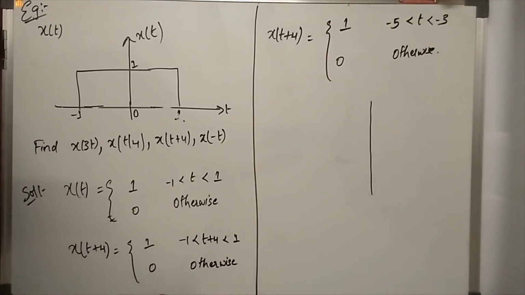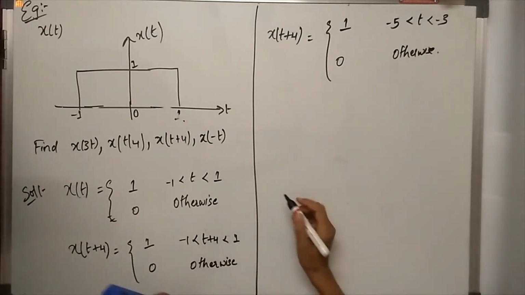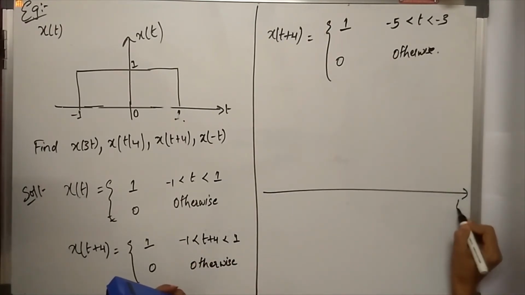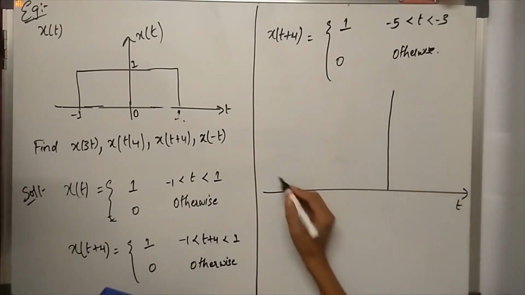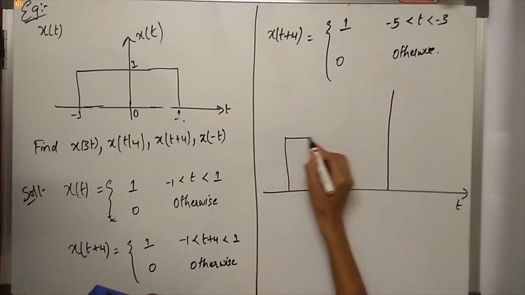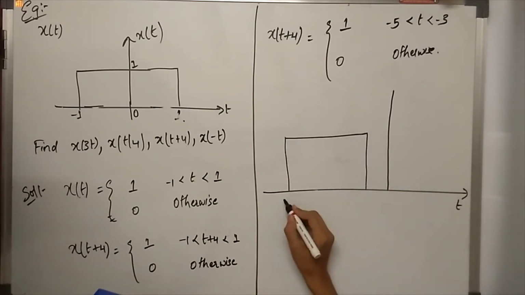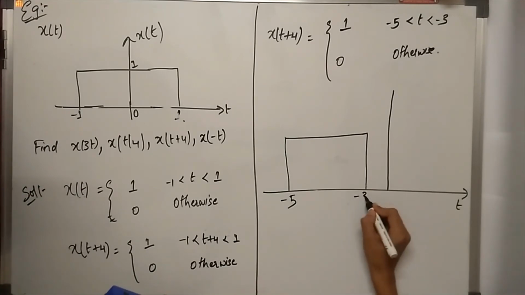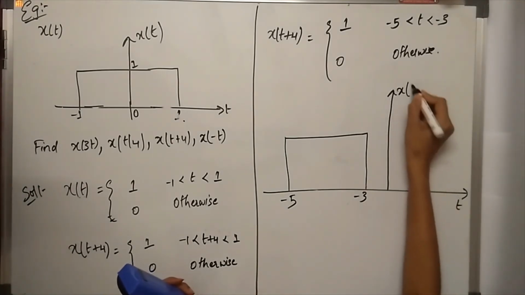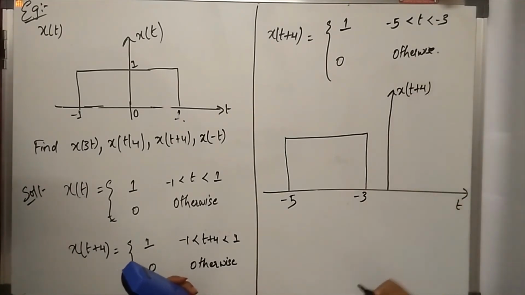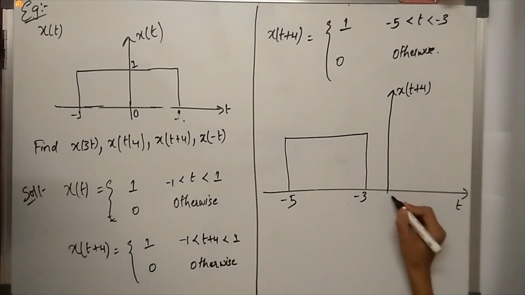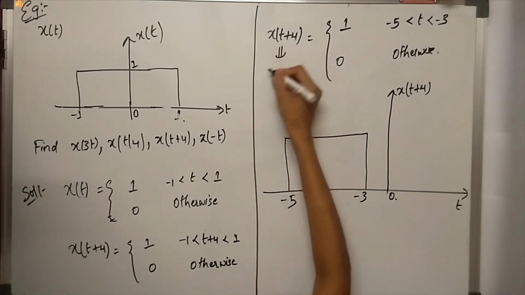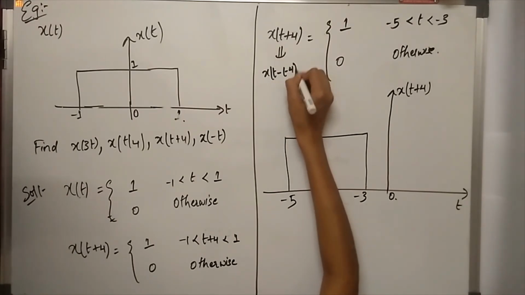Now this signal, we can just write as x of t minus of minus 4.